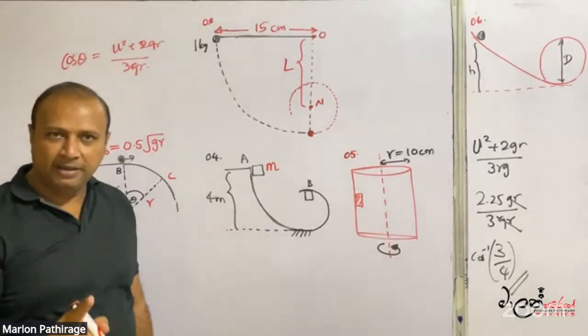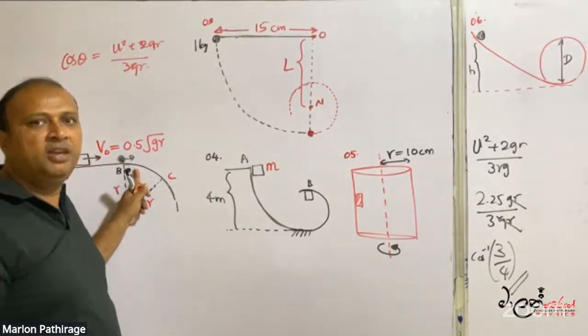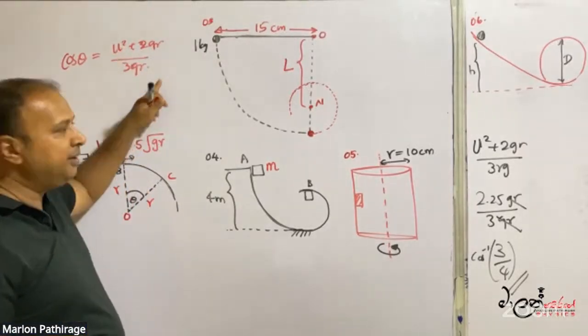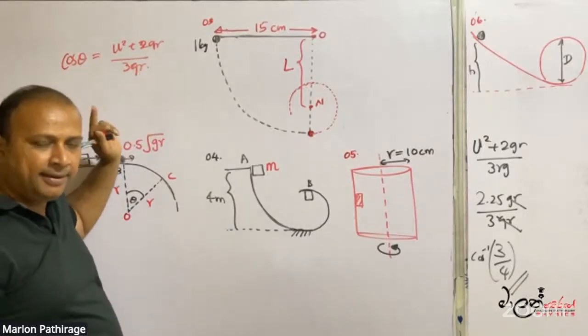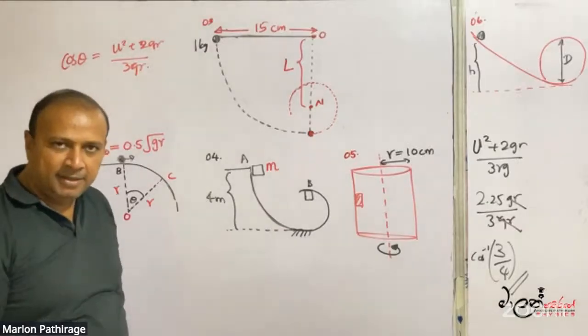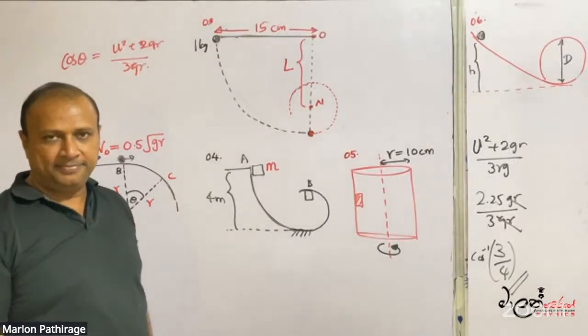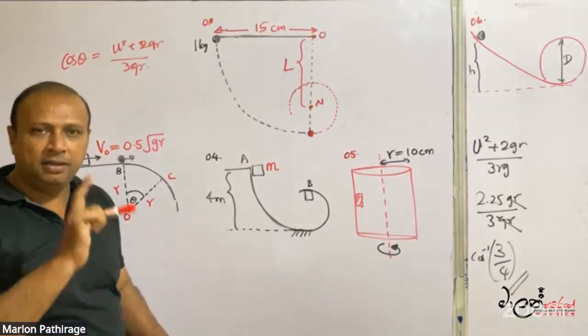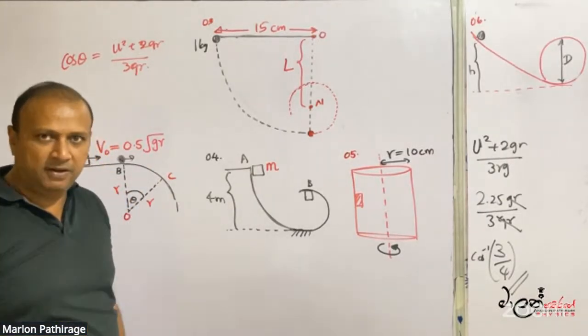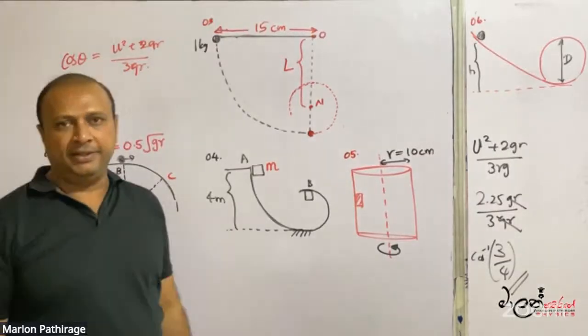If the initial speed is 0, this part is 0, then it is 2gr over 3gr, so gr cancels with gr, and cos theta should be equal to 2 over 3. That happens when u is equal to 0. But if there is an initial velocity, you definitely have to consider that.